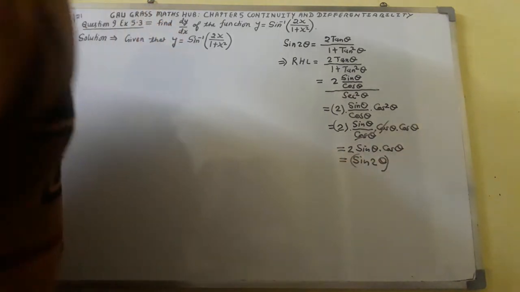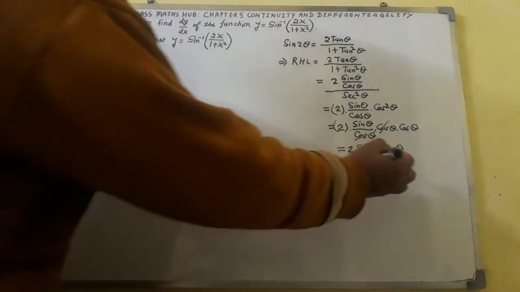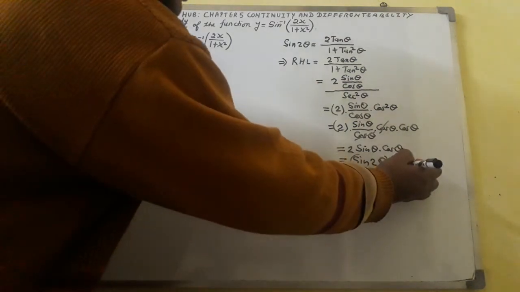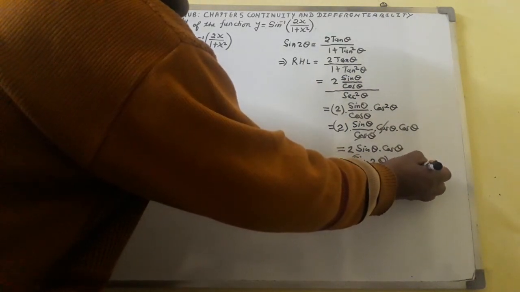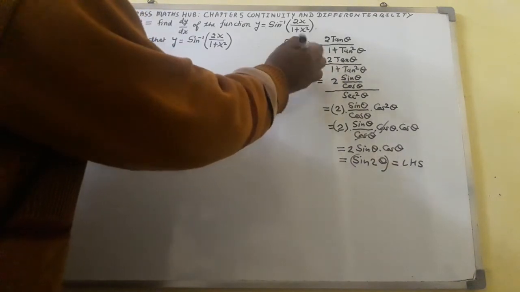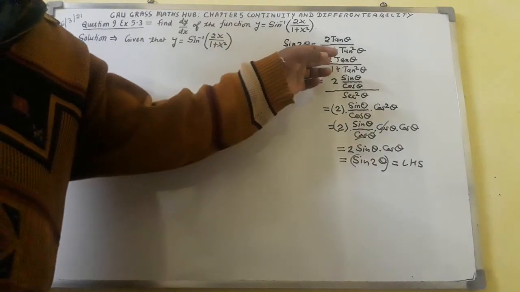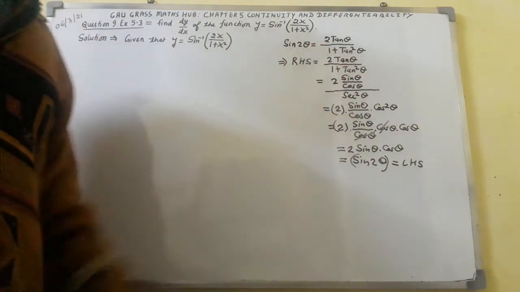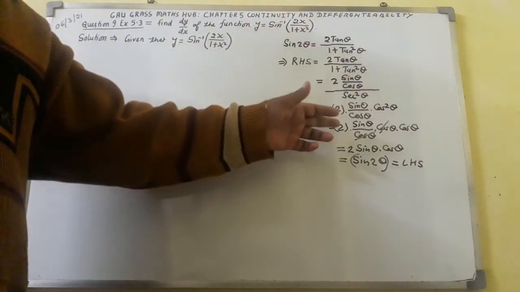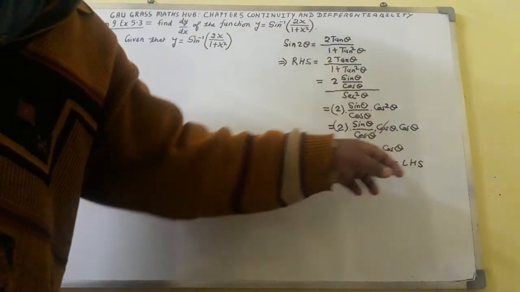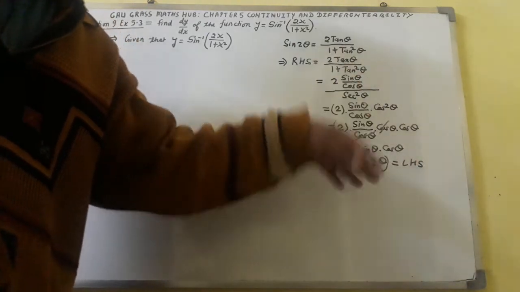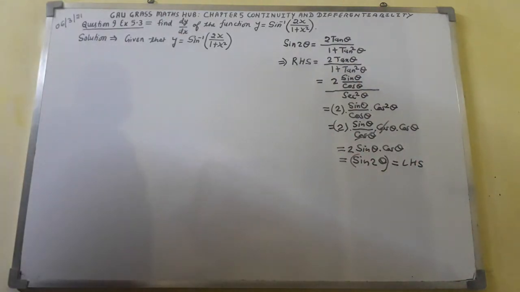This thing you have got equal to LHS, left hand side. This is right hand side, this is left hand side. Right hand side I have taken 2 tan theta over 1 plus tan square theta. From the right hand side we have got sin 2 theta. Here you can see sin 2 theta LHS. In this way I have proved sin 2 theta equal to 2 tan theta over 1 plus tan square theta.